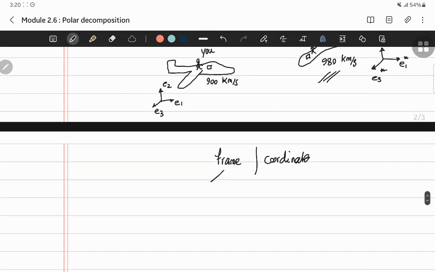You can have coordinate transformations in your frame, as many as you want. But a frame is different from coordinate. So let me just write this in here.